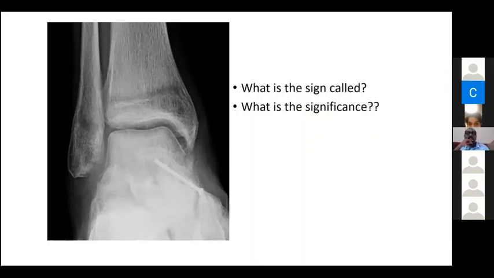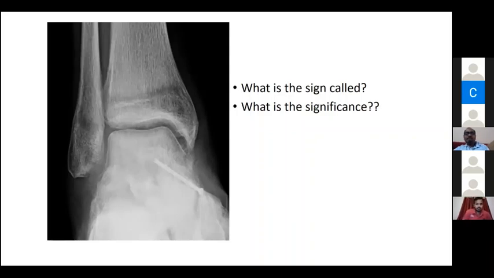Read the X-ray. The X-ray of ankle, body, showing... I can't hear you, Jisam. You look very far away.